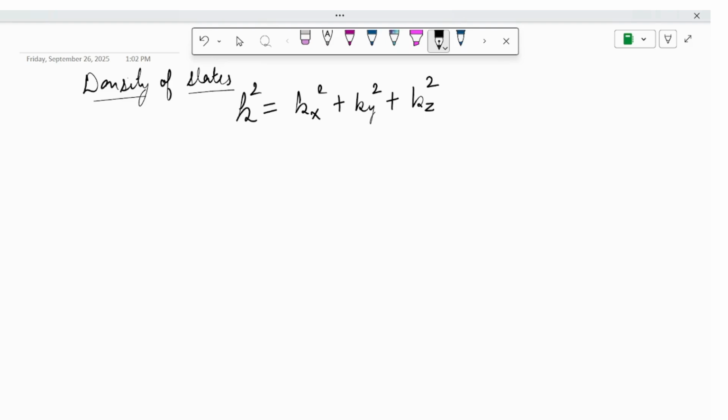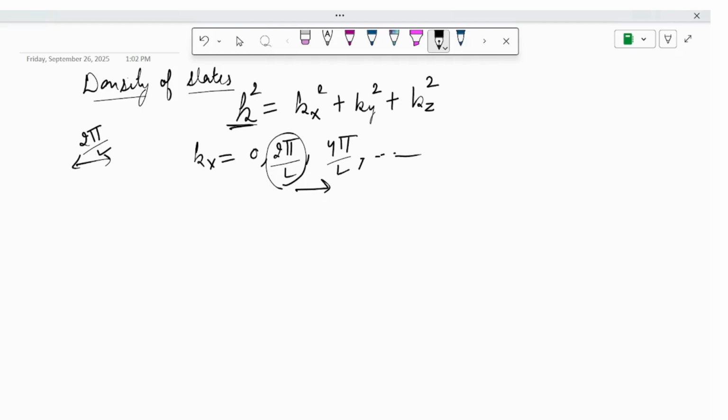And all the k values are separated by a distance of 2 pi by L, because we have written that kx has allowed values of 0, 2 pi by L, 4 pi by L, and so on. That means the allowed k values will be only at 2 pi by L, and then after a gap of 2 pi by L, there will be another allowed value of kx. Similarly, it is along ky and kz.